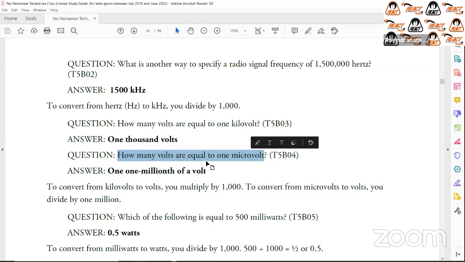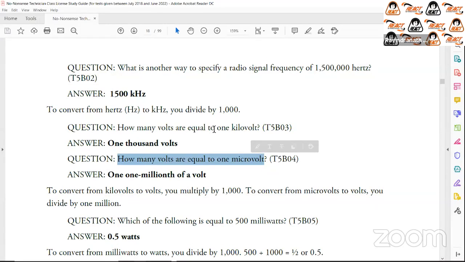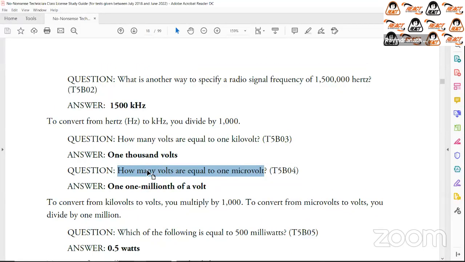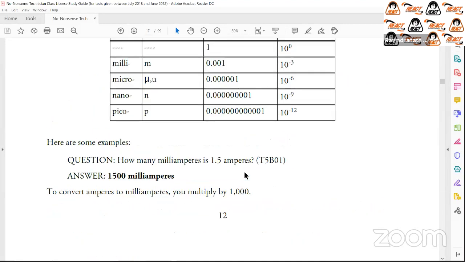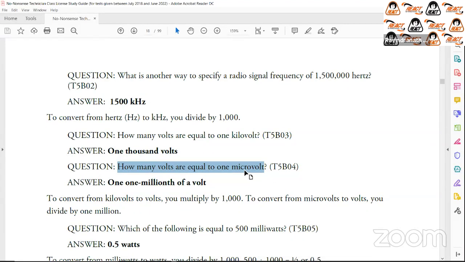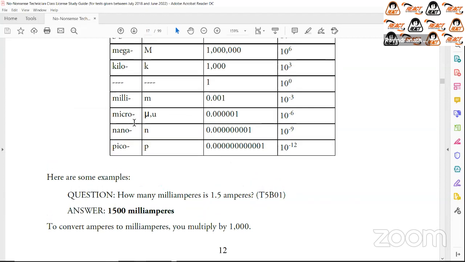Let's ask another question. How many volts are equal to 1 microvolt? Well, let's look at the table again. Look, the answer is right here. A micro of anything is 0.000, well, 5 zeros and a 1, all right?